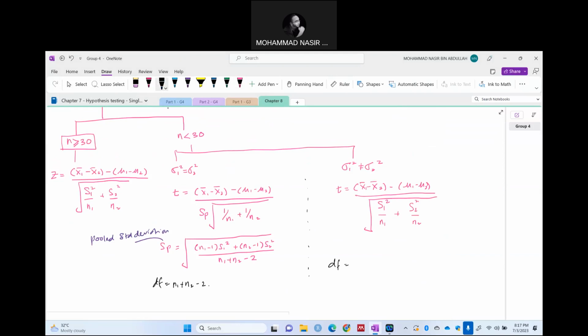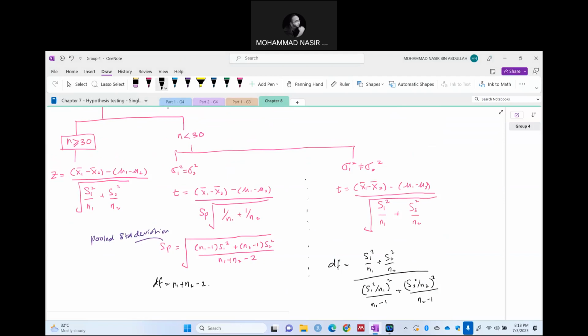So we need to calculate S1 square divided by N1 plus S2 square divided by N2, all squared, divided by S1 square divided by N1, squared, divided by N1 minus 1, plus S2 square divided by N2, squared, divided by N2 minus 1.